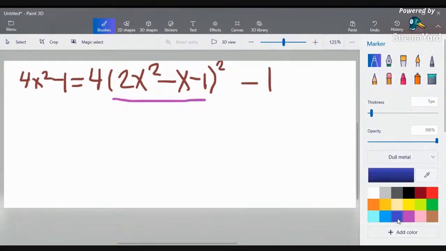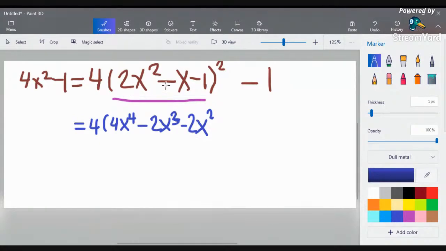Okay, so let's square it first. That's 2x squared times 2x squared is 4x to the fourth. 2x squared times negative x is negative 2x cubed, and 2x squared times negative 1 is negative 2x squared.